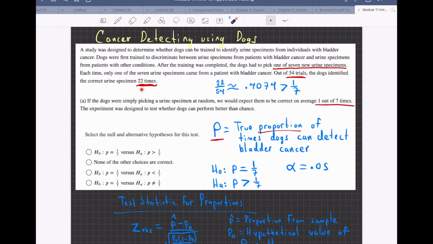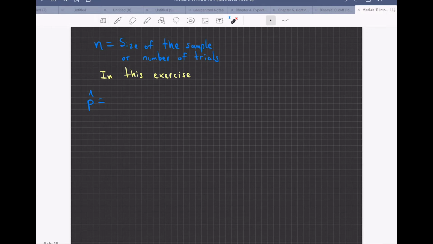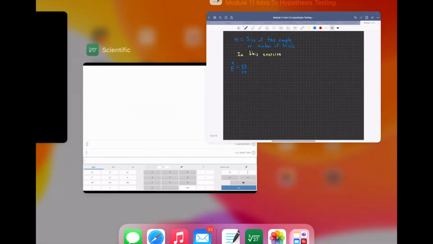We are dealing with proportions, so you should always have a number between 0 and 1, or in percentage between 0 and 100. But if you use it only as a common number, it should be between 0 and 1, because it is a proportion. So it's going to be 22 out of 54, and we saw this is approximately 0.4074.